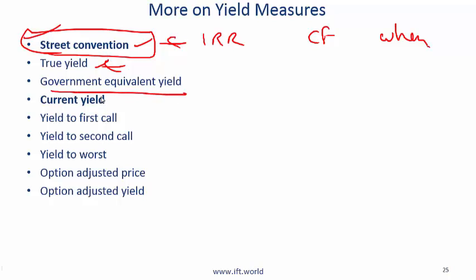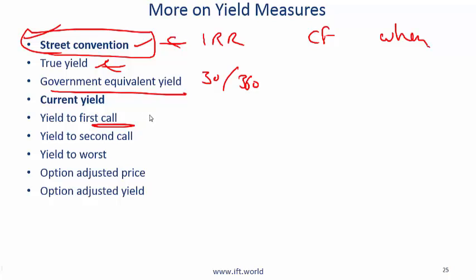Government equivalent yield is where you take a corporate bond and restate based on 30-360 convention, because government instruments are generally quoted based on a 30-360 convention. Yield to first call means that if you invest in a callable bond, then you assume that the bond will be called at the first opportunity.